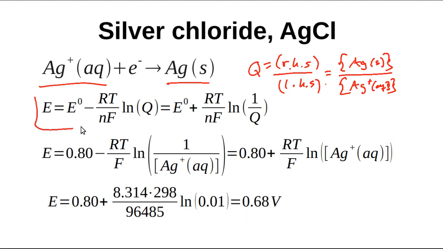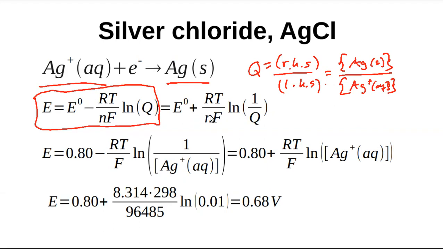This is the Nernst equation, and I would recommend actually always using this version, because it's never wrong. There are versions available that are perhaps not easy to apply to every possible cell.